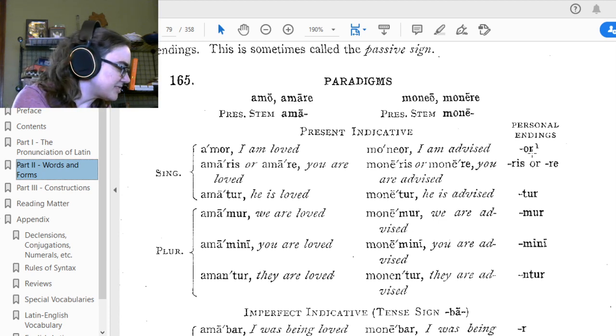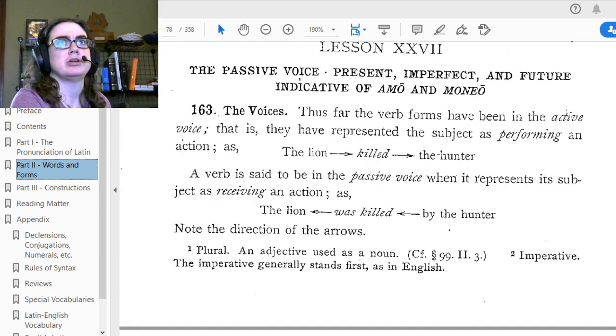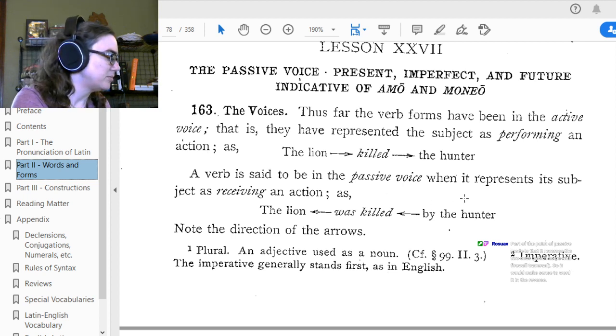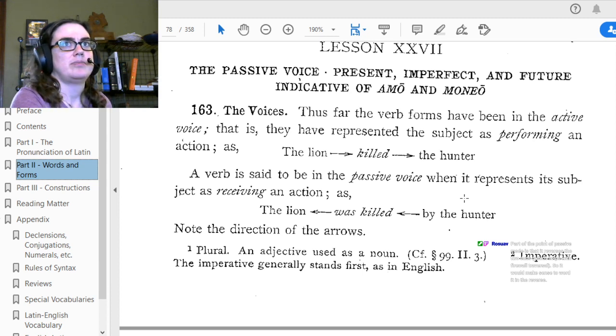Isn't it the same sentence if it's expressing the same thought, though? Yes, but these two were different. The lion killed the hunter is very different than the lion was killed by the hunter. So a better way to show the sentence would have been: the hunter was killed by the lion, because in the first sentence the lion is killing the hunter.